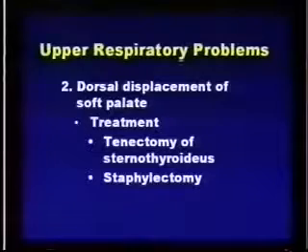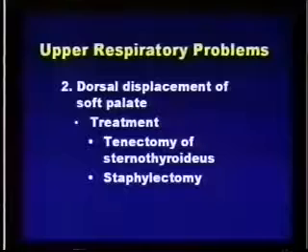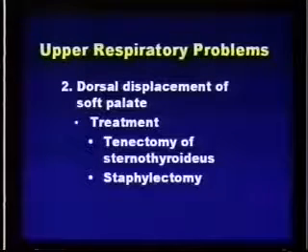The most common treatment for this problem is currently tenectomy of the sternothyroideus muscle, which is a relatively simple procedure to do. And in conjunction with this, we do a laryngotomy and grasp the caudal border of the soft palate and do what we call a staphylectomy, which is basically just trimming a small piece of tissue off of the back edge.